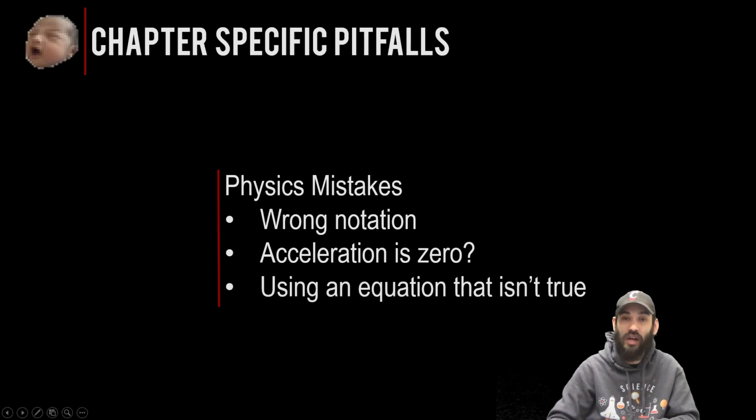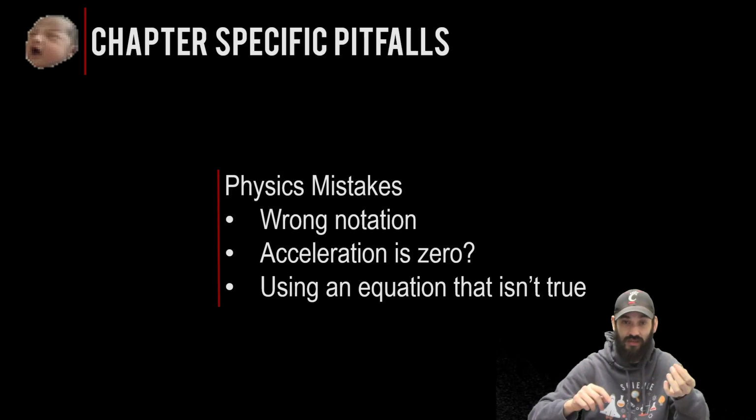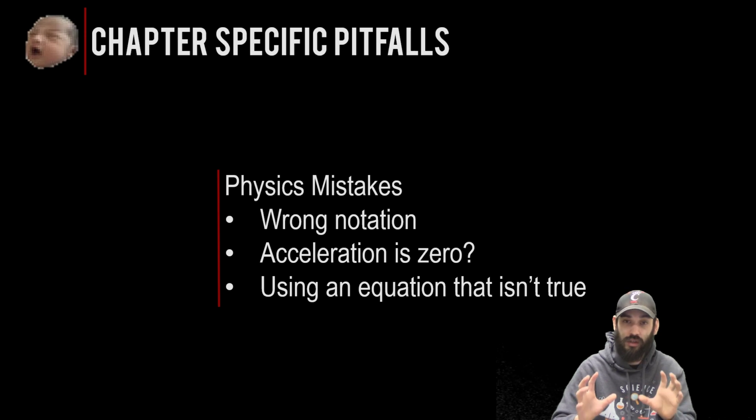The last one is using an equation that isn't true. So this is going back to what I was talking about when it comes to consistency and going back to the first principle. Think about the things that are always true. The box that I drew, going up the ladder, going down the ladder, dv dt, dx dt. Those things are the things that are always true.